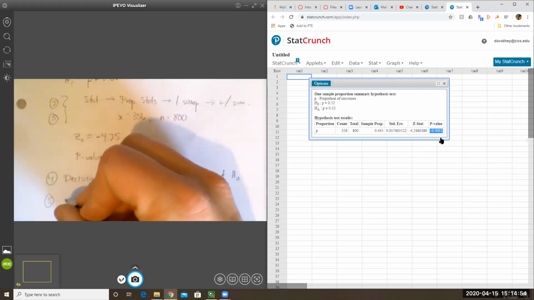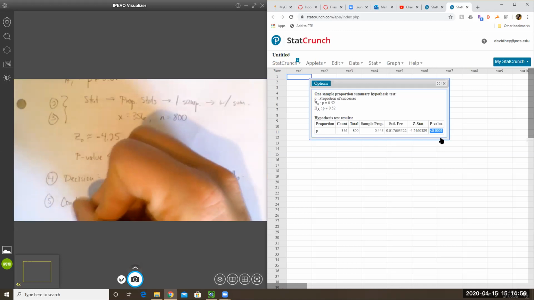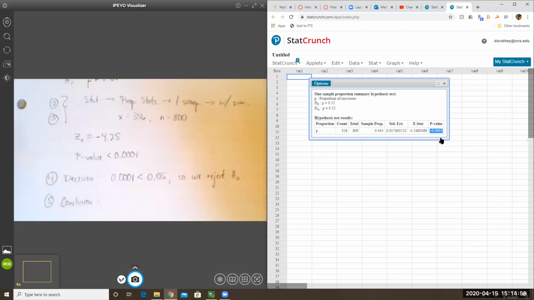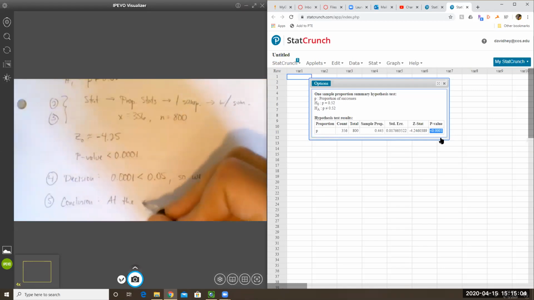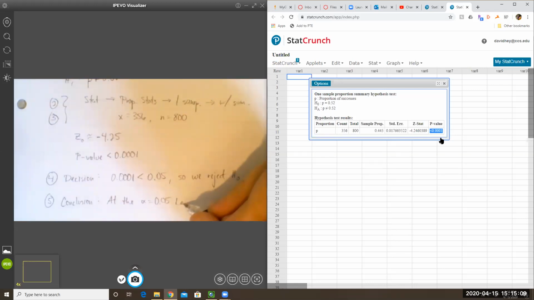Now let's write a conclusion. So for the conclusion, we need to state our level of significance. So at the alpha equals 0.05 level of significance, we're rejecting the null hypothesis, okay?